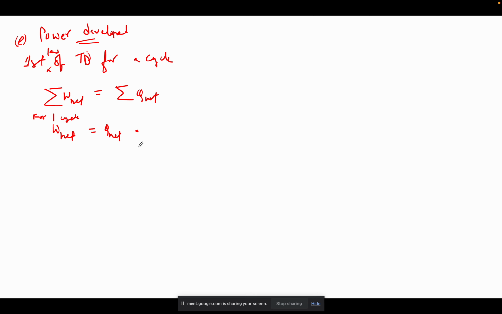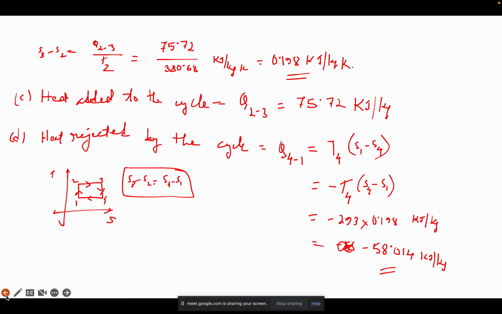What is your Q net? You have Q added to the system, minus Q rejected.